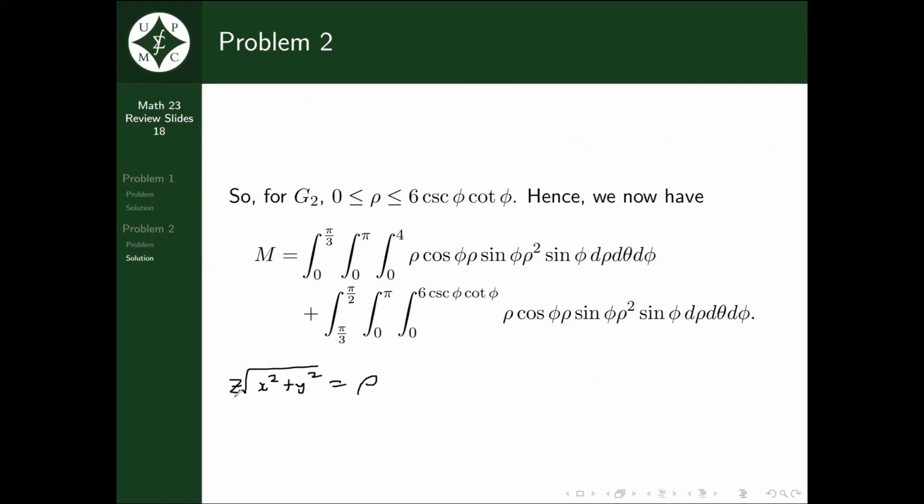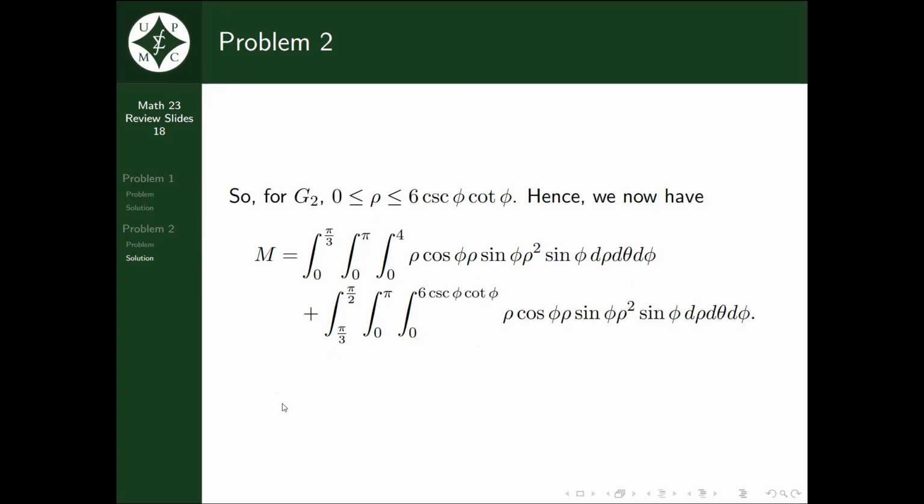From earlier, we have z is equal to rho cosine phi. And then x squared plus y squared is just rho squared sine squared phi from earlier. So if we take the square root of rho squared sine squared phi, we just get rho sine phi. So this is our integrand in spherical form. And then this is just our dV, or dx dy dz.